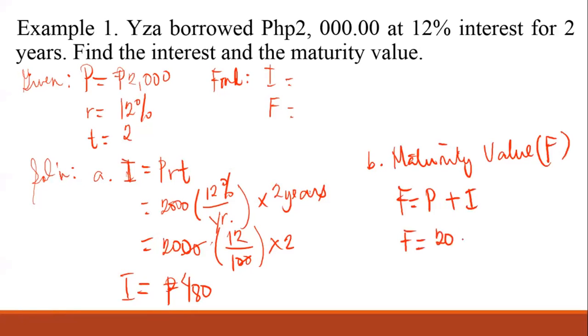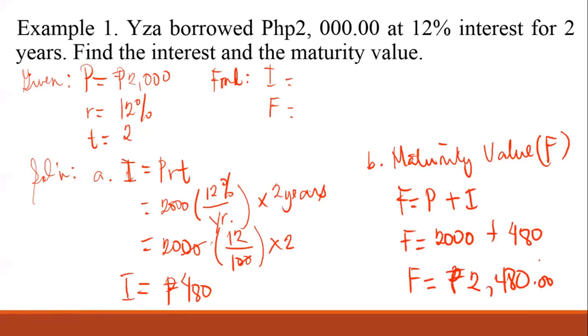P is our principal, so that is 2,000, plus interest, which is 480 pesos. So this is now equal to 2,480 pesos.